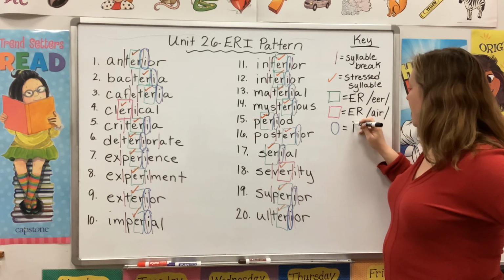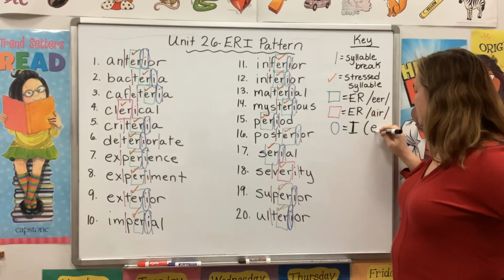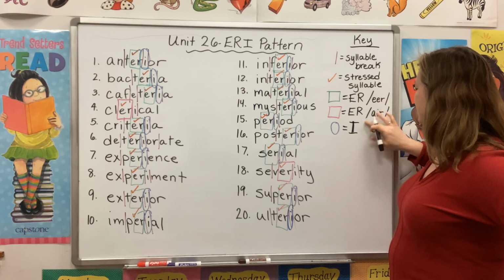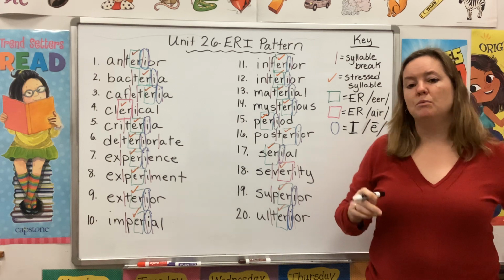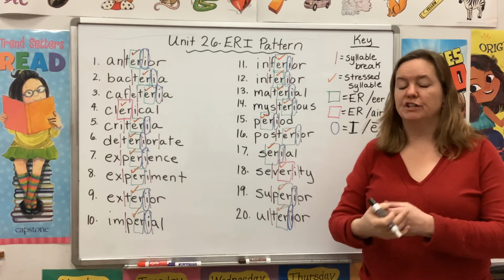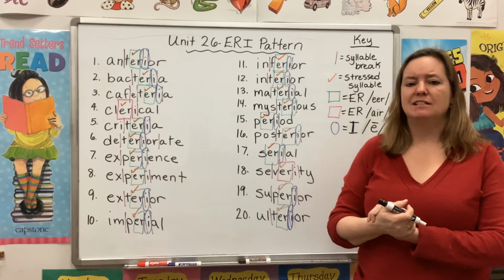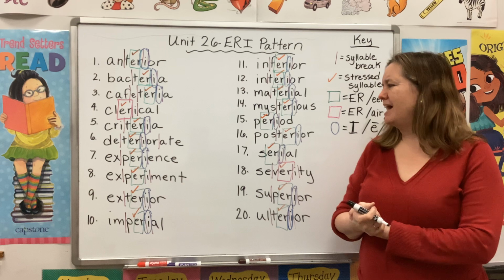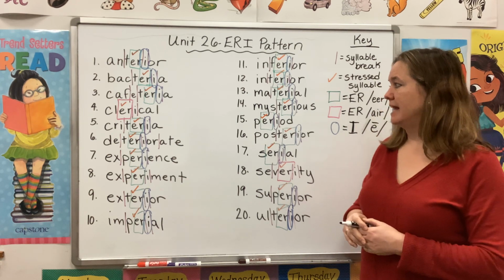So we have an I, and that I sounds like a long E. So that's interesting. We see that in longer words. We also see it at the end of some words like spaghetti, ziti.